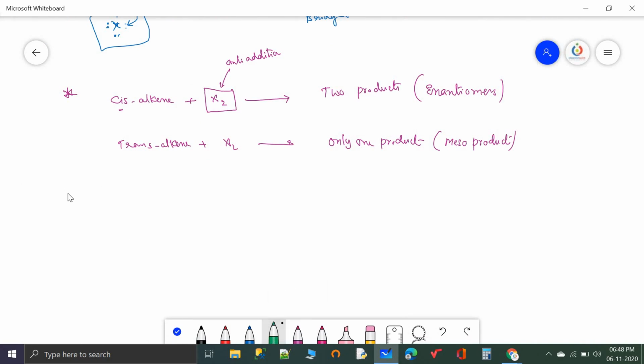The other thing is a general rule I am giving you. If you take cis-alkene, and syn addition is there, syn addition means addition takes place on the same side, then you will get one product. That is a meso product.